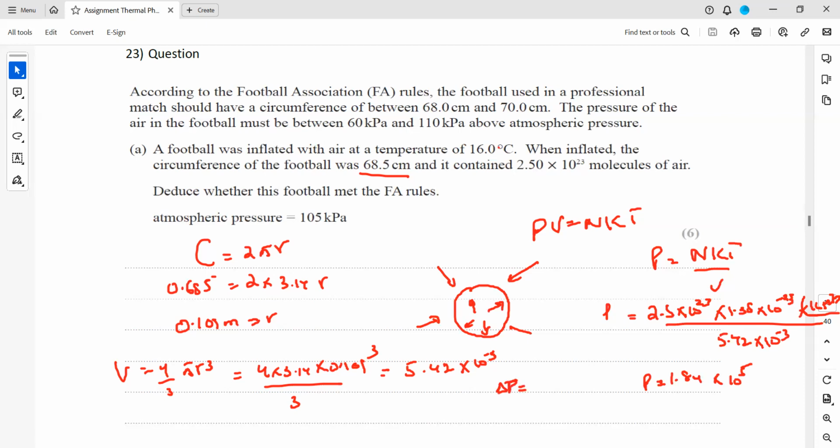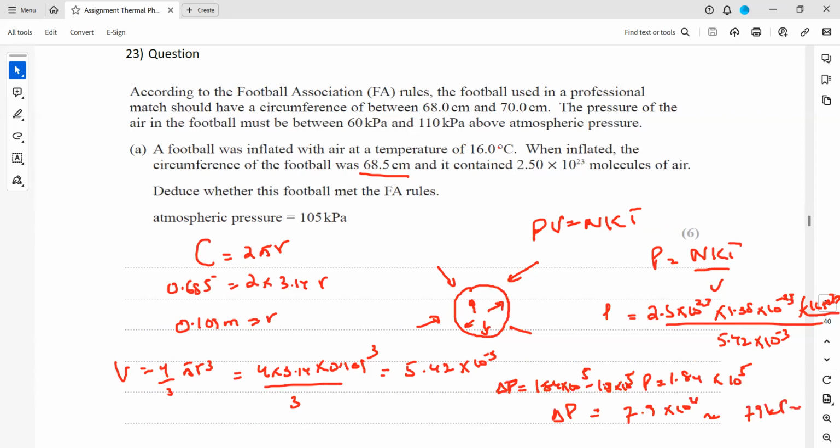So this will be 1.84 into 10 to the power 5 minus the atmospheric pressure 1.05 into 10 to the power 5. When we take the difference of these two, we'll get 7.9 into 10 to the power 4 Pascal, or 79,000 Pascal, or 79 kilopascal.